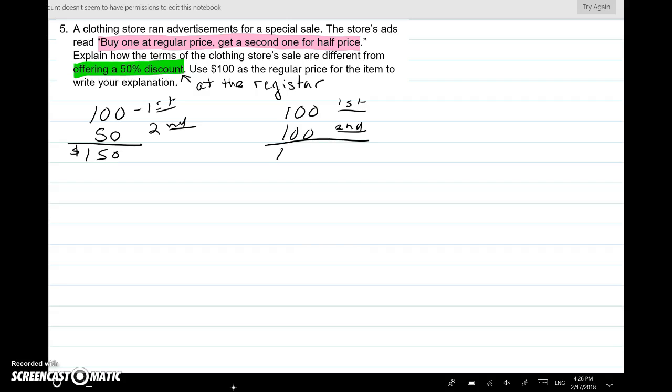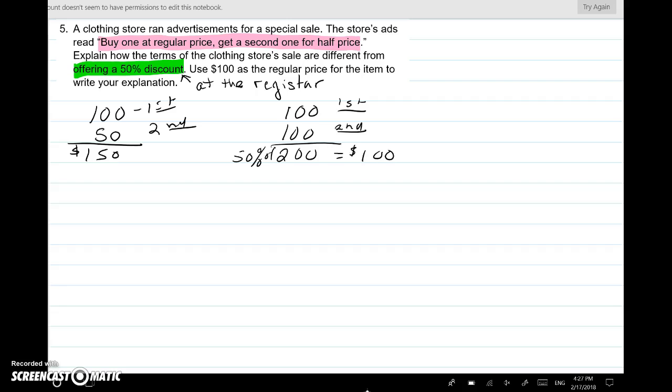When I add that all together, it's $200. And then I want to take 50% of 200. Now 50% of 200 is basically half of 200, which equals $100.